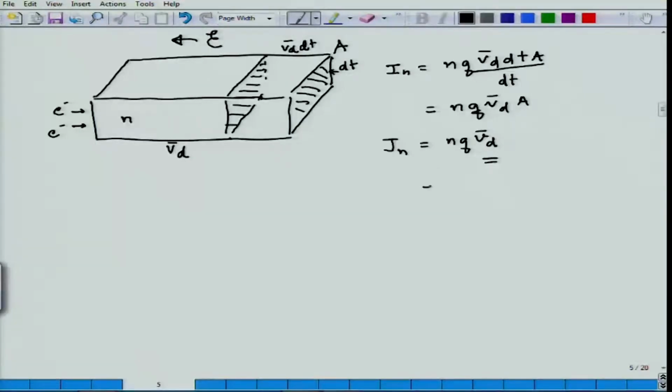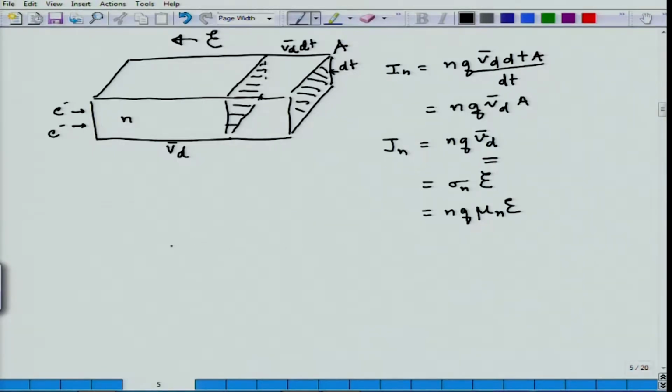This discussion is further developed by equating this current density to the conductivity due to electrons multiplied by the electric field which is applied. If I take that equation, this is basically saying that I can define it as n q times the mobility of electrons times the E field.